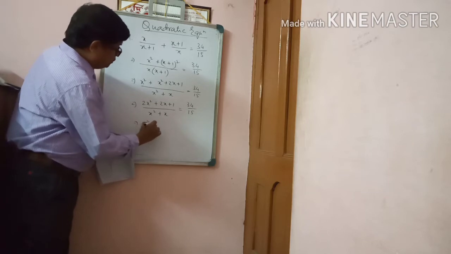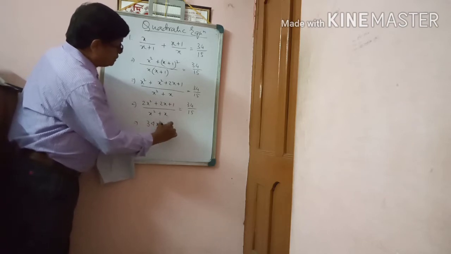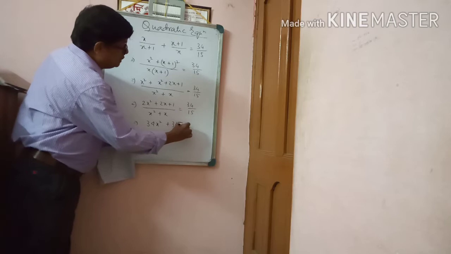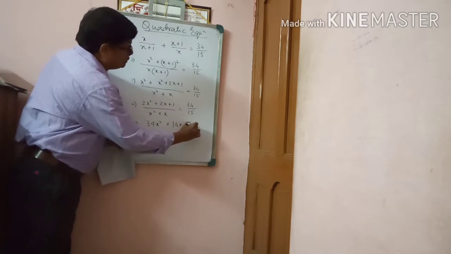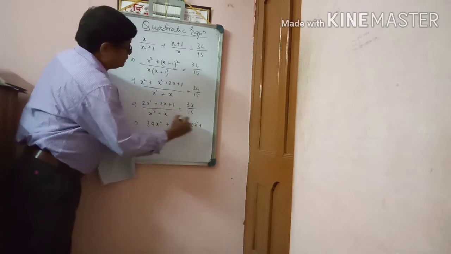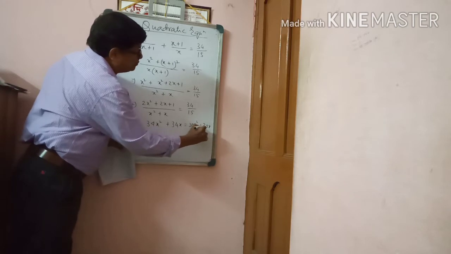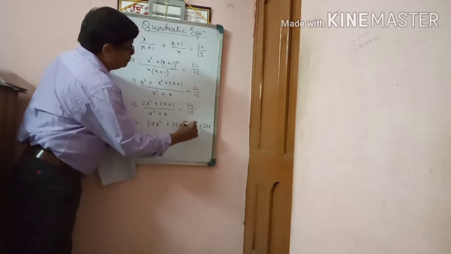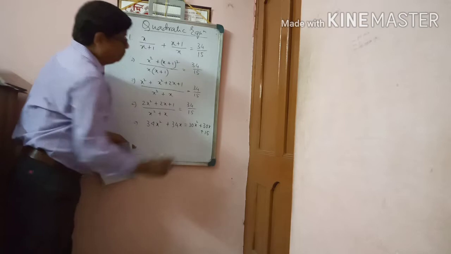34x square plus 34x equal to 30x square plus 30x plus 15.